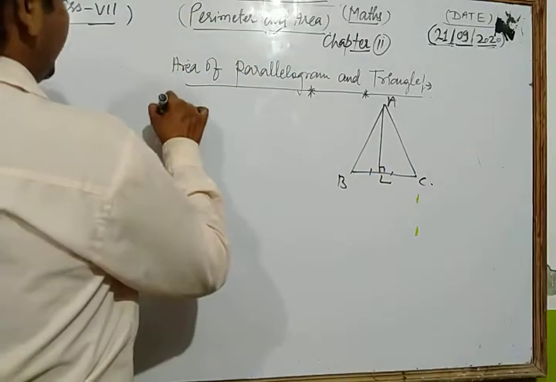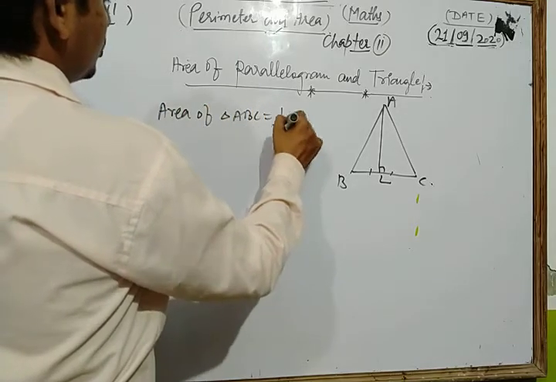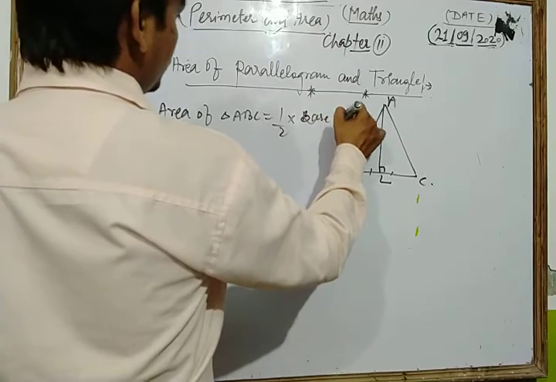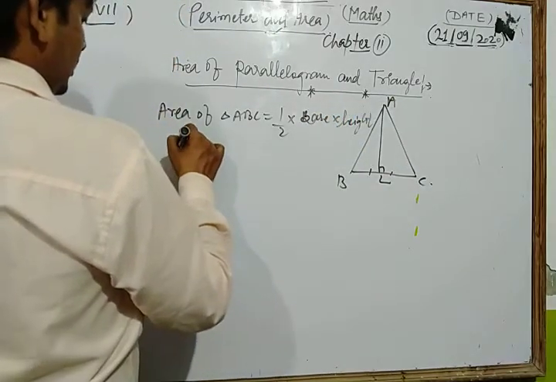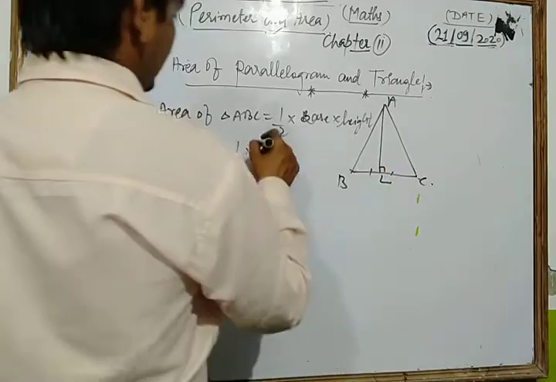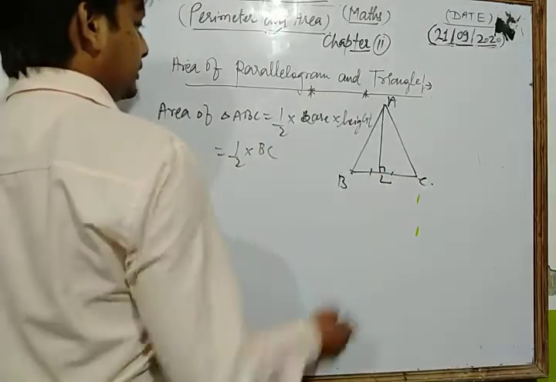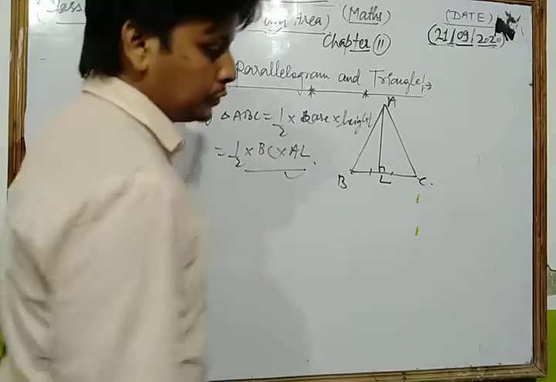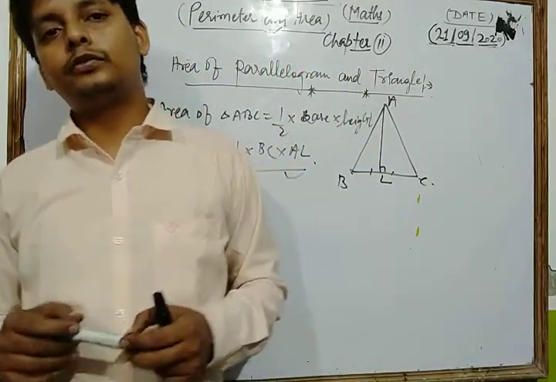The general formula of the area of triangle ABC is equal to 1/2 into base into height, that is 1/2 into base BC, and the perpendicular height corresponding to that base is AL. So this is the formula to find the area of parallelogram as well as the area of triangle.